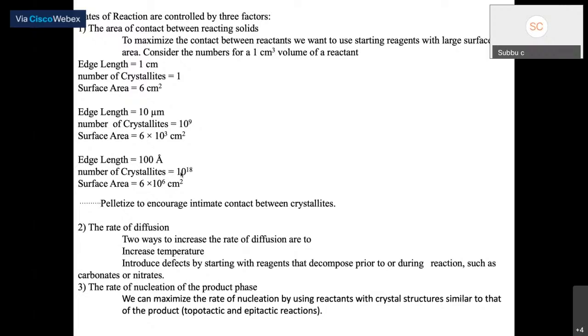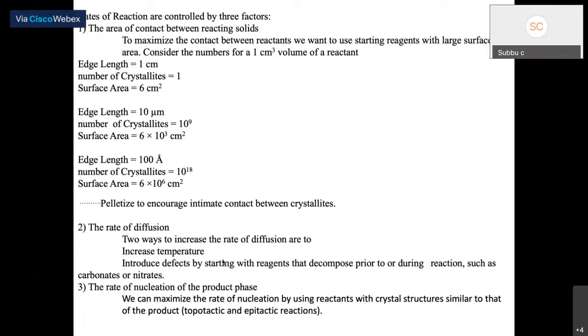So that means the way to facilitate the diffusion is basically by increasing the temperature. Or if you say, no sir, I don't have a 1000-degree furnace, I can never do this, even if you say for 2-3 days I cannot do this, then suggest me one method. Okay, then I can say don't try to start with oxides, try to start with some kind of sulfates, nitrates, because oxides are more stable compared to nitrates.